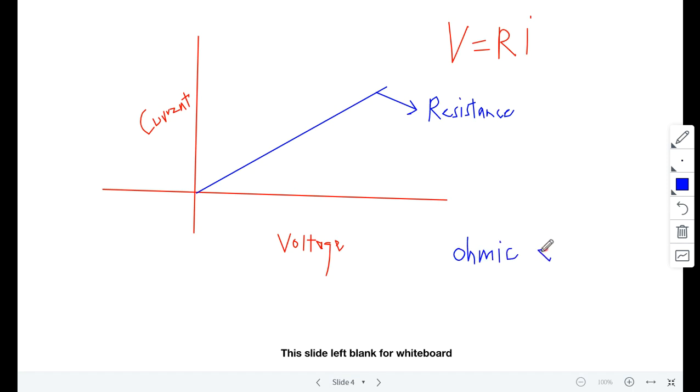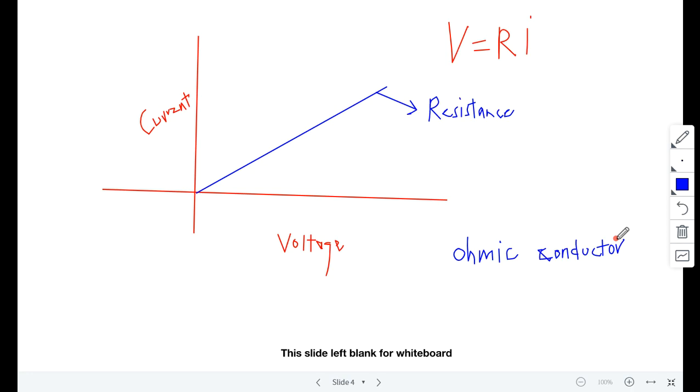It doesn't matter whether you write voltage or potential difference, it remains the same, but generally it's a graph between voltage and current.